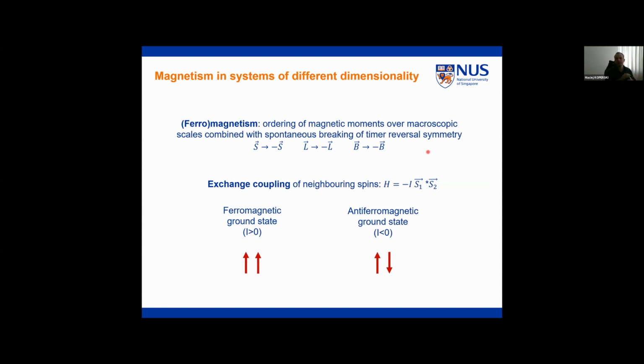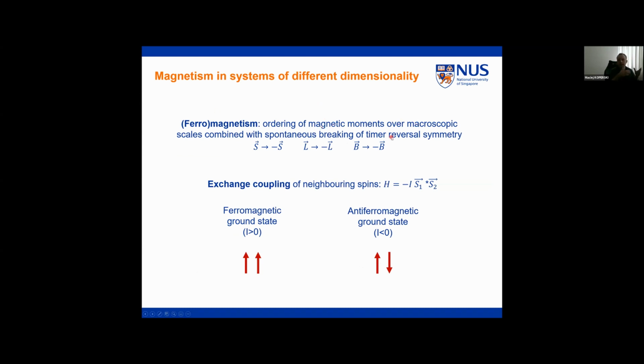So the question of emergence of a magnetization over large scale is related to the processes which could allow the orientation of magnetic moments over large scales.